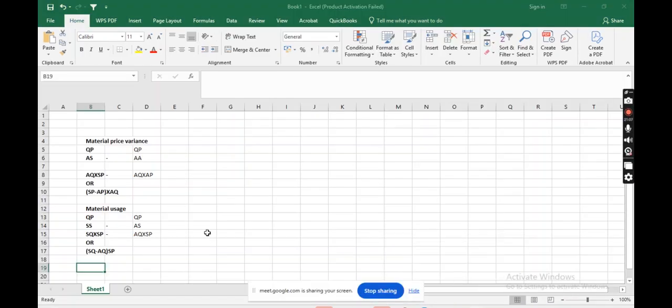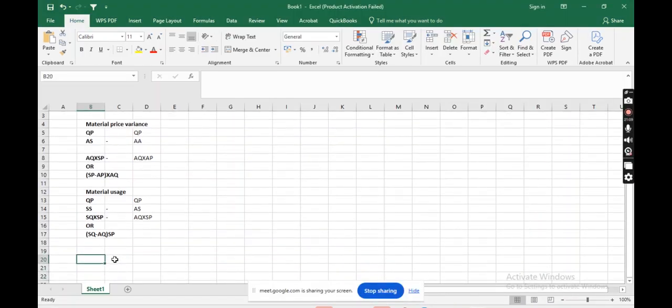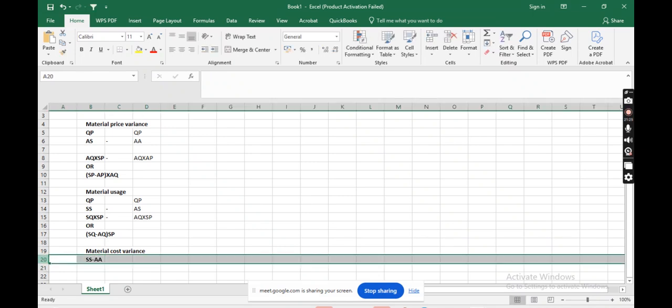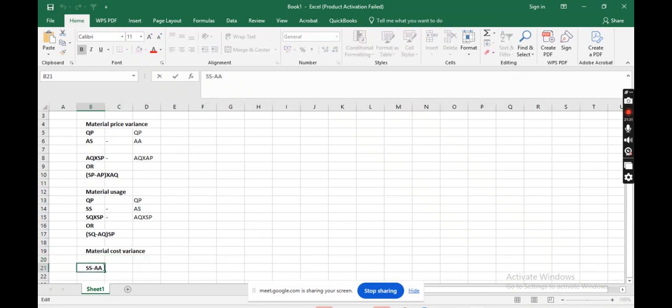I won't do the cost variance for the others; you can do that, right? So let me do this for the material cost variance. It is SS to AA, minus AA. This is QP and this is QP.